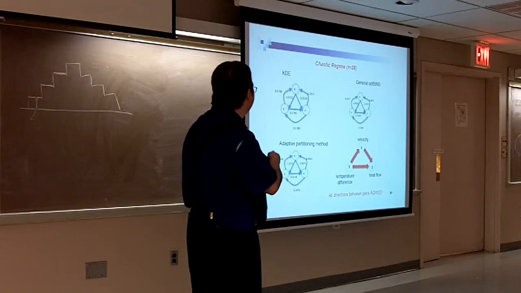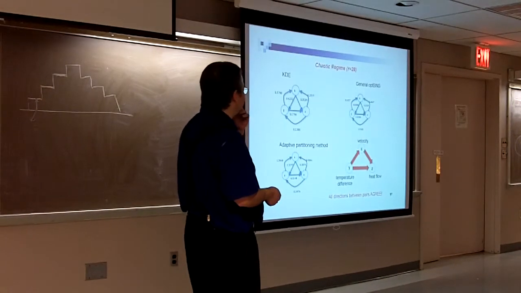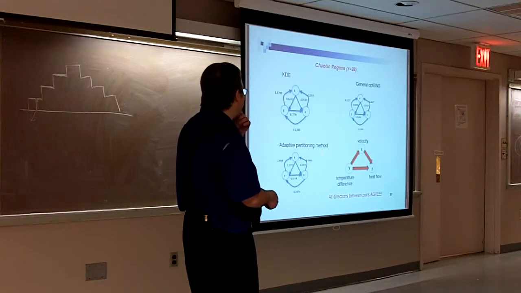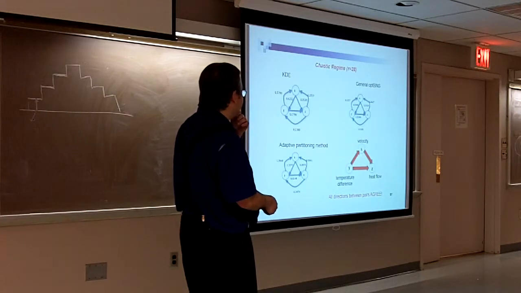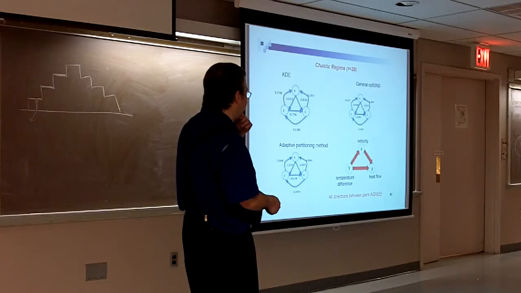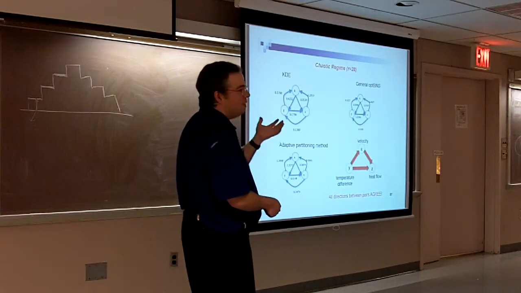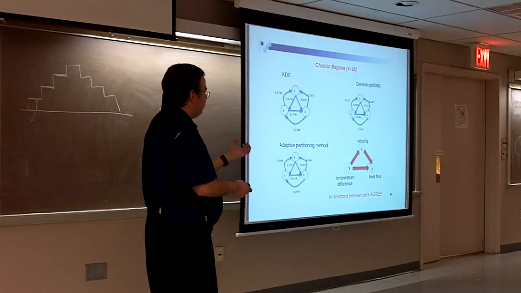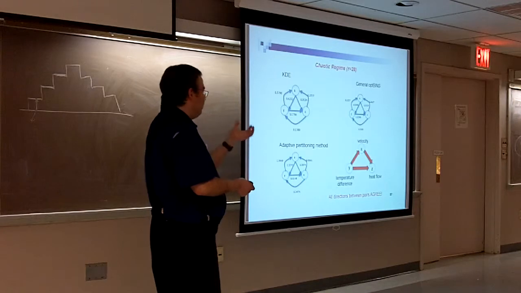Now, when we apply all 3 methods, this is kernel, this is our method, this is the adaptive partitioning method, this is the result. Why? The temperature difference affects the velocity. Velocity triggers the heat flow, and also temperature difference triggers the heat flow, which makes sense in terms of physics, because temperature difference affects velocity.